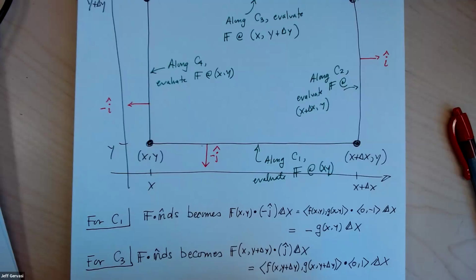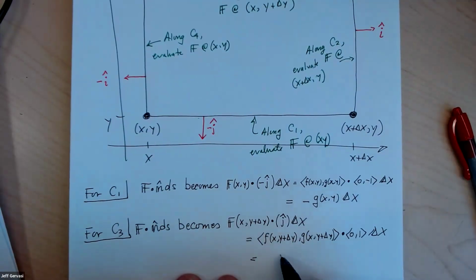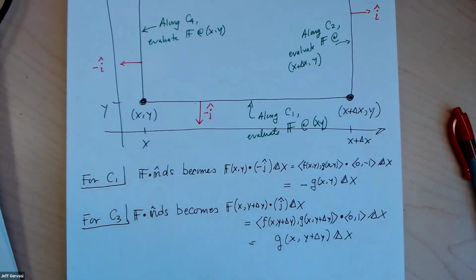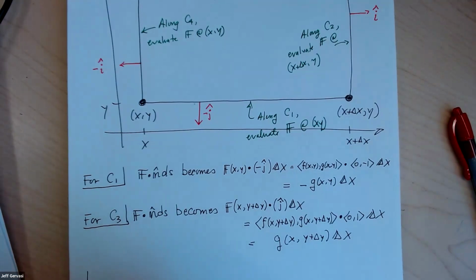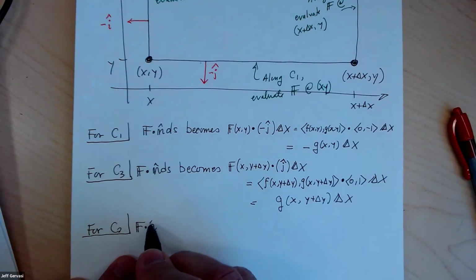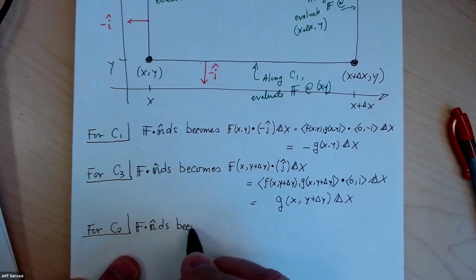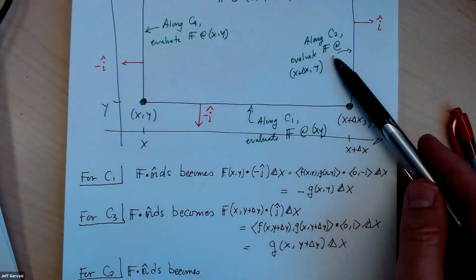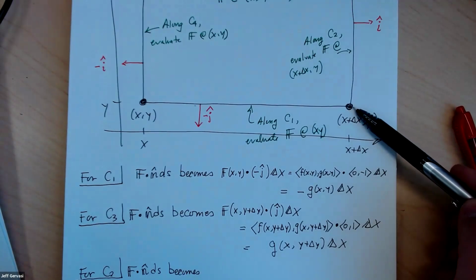And when I dot these vectors together, that. All right, how's that look? Now I'm going to go across C2. And when I do, F dotted with n ds becomes, now remember, gang, along C2, we're going to evaluate our vector field at this bottom corner, x plus delta x, y.